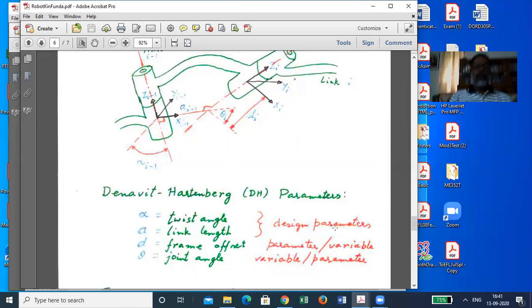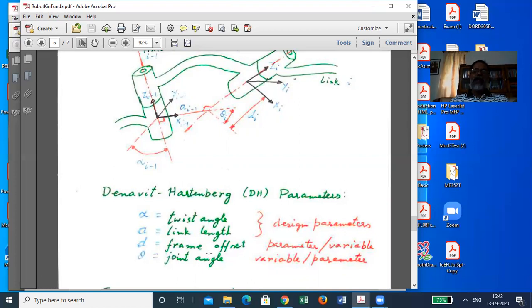Then you have here D, which is the frame offset, and theta, joint angle. These are referred to the next index, I. Typically, one of them is a design parameter, fixed, and the other is the joint variable, which you change by the actuator during the operation of the manipulator.